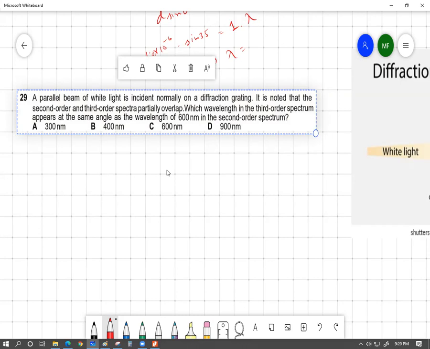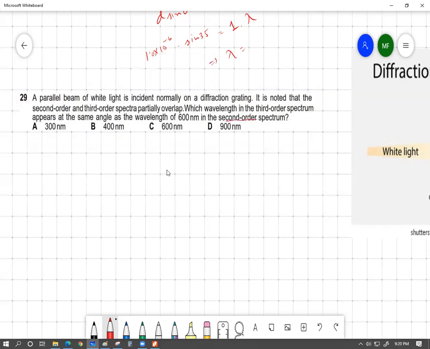আচ্ছা, সেকেন্ড অর্ডার স্পেকট্রাম আর থার্ড অর্ডার স্পেকট্রাম মানে বুঝি না স্যার। বুঝাচ্ছি আমি। What this question tells us is something like this. This is the white light coming in. Here's the diffraction grating. This is our screen. Central maxima সবার জন্য same.